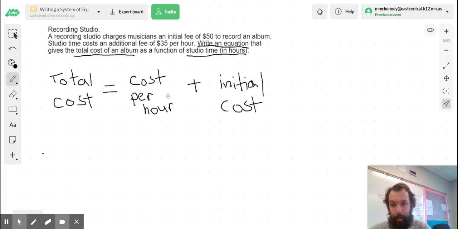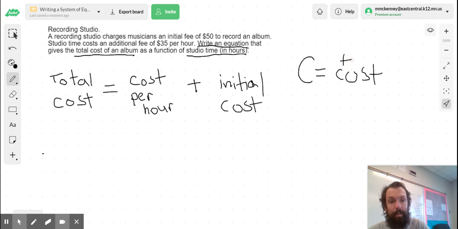I'm going to use a capital C to represent my total cost, and a lowercase h for the number of hours it takes to record the album.